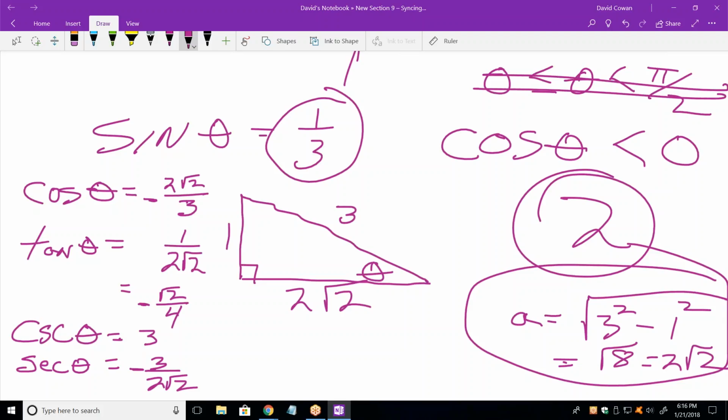So it's 3 square roots of 2 over 4, and it's a negative. And finally, what's cotangent of theta? Negative 2 square root of 2 over 1.